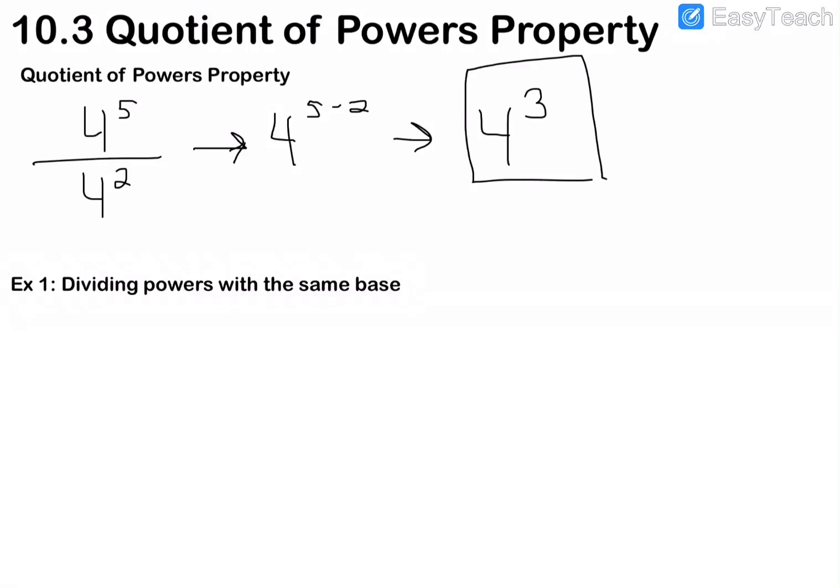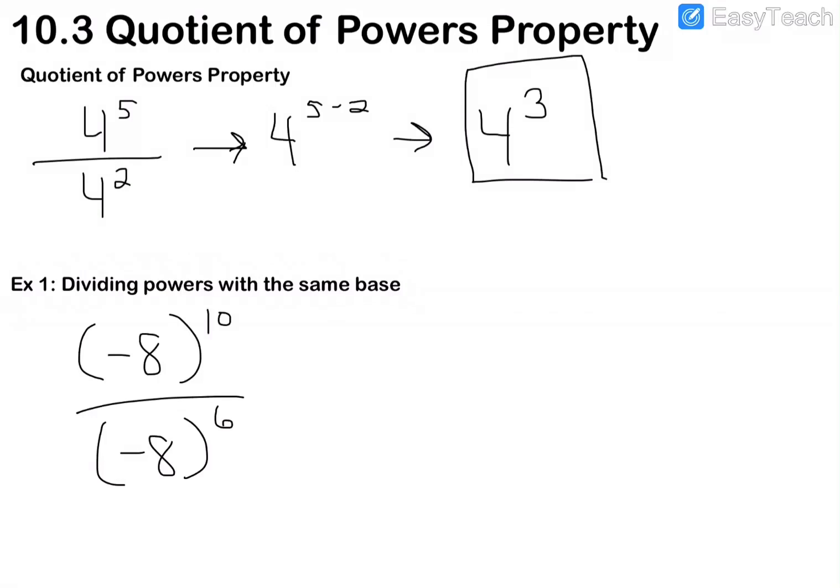Okay, so we'll go down here and do an example. Let's say we have -8 to the 10th power divided by -8 to the 6th power. Okay, so that's going to turn into -8 to the 10 minus 6.